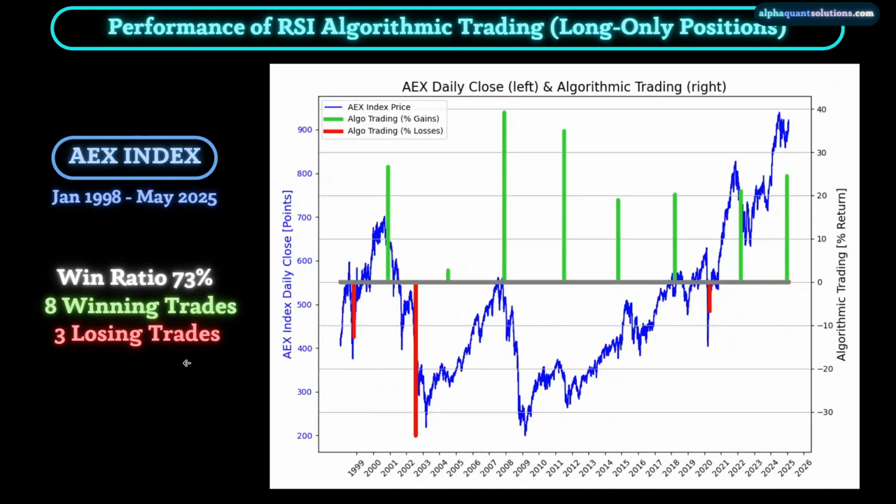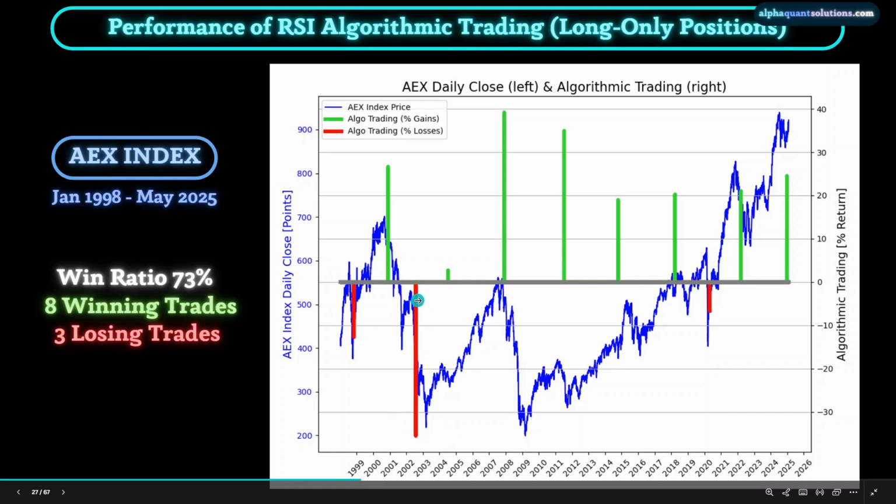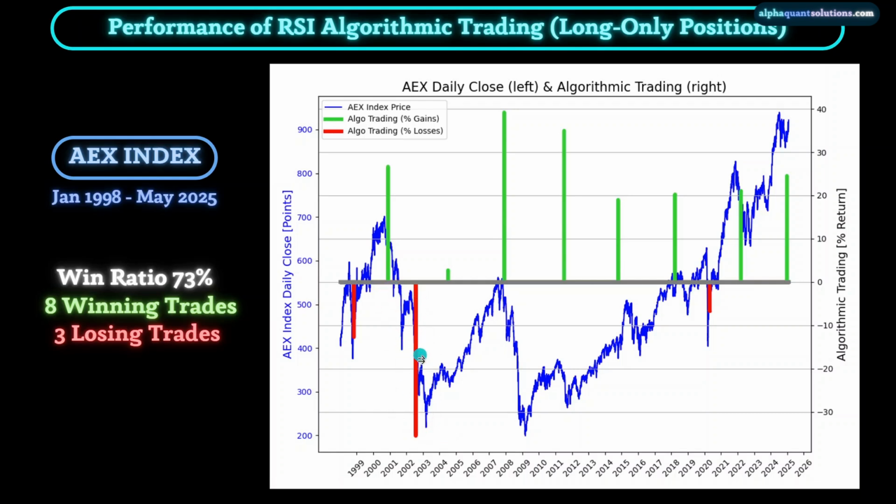Another example is the IX Dutch index, also for the same time period. And here we have 11 trades and a win ratio of 73%. We see again the highest, substantial loss during the bear market of the dot-com period, and a small loss during the COVID period.